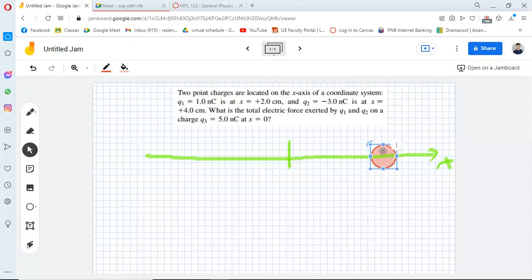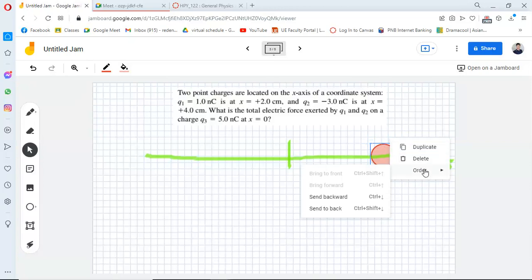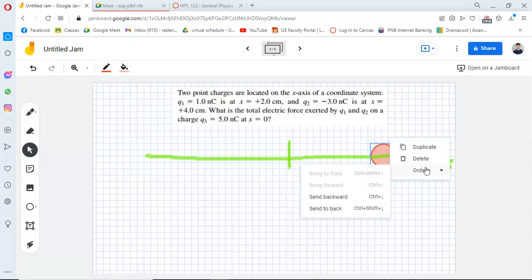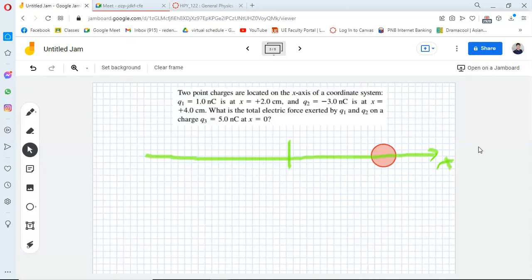Let us just fill it with some colors. Bring to front natin. Okay. Pwede na siguro yan. Yan yung ating Q1. Okay, labelan lang natin para hindi mahirap. Ito ang ating Q1. Nasa x is equal to 2 cm daw siya.